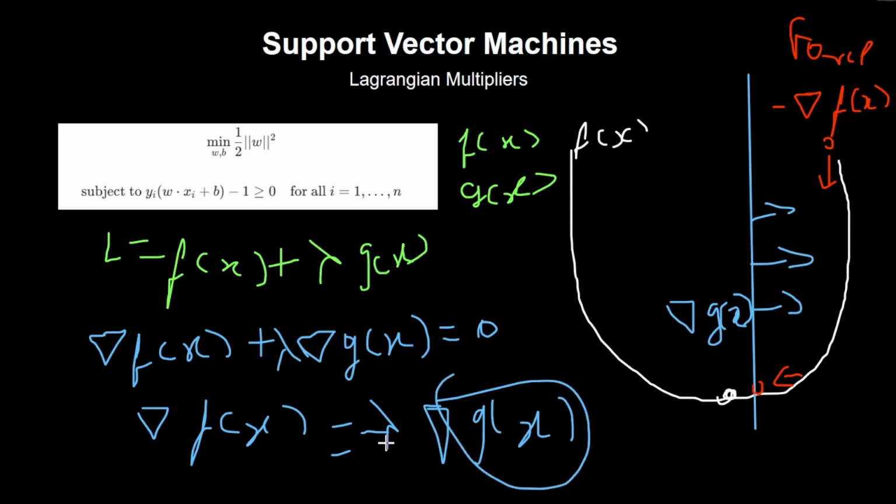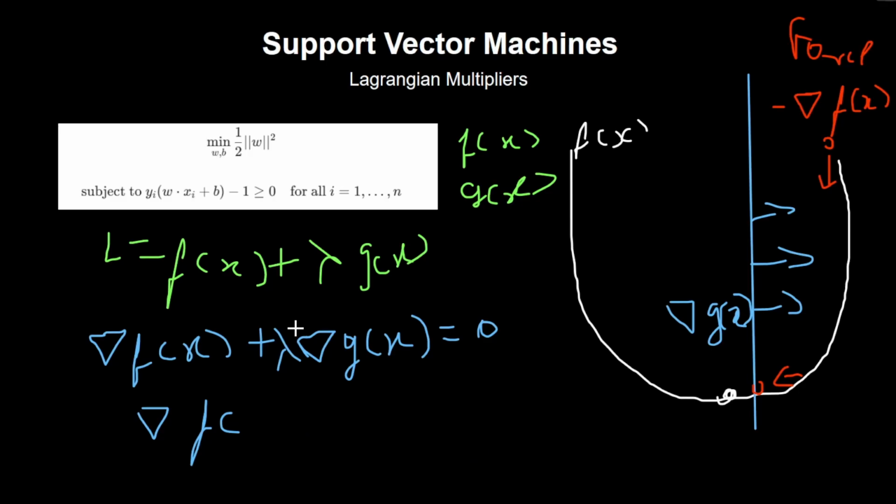Here we can see these forces are opposite because we have this negative sign, and the magnitudes are equal at this point because it is at equilibrium state, and this difference in the magnitude of the force is accommodated by this lambda. So that's how we can represent any optimization problem under a given constraint with the help of Lagrangian multipliers. So the star is just to denote the optimal solution.